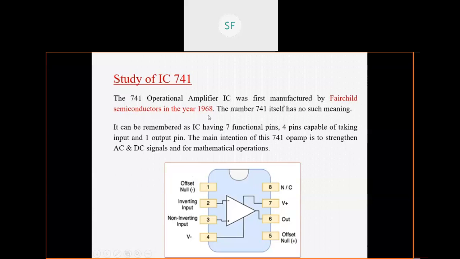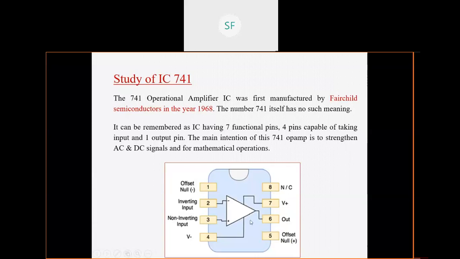This is just for your information. The number 741 itself has no such meaning, but some sources have mentioned that it can carry some meaning. It can be remembered as an IC having 7 functional pins.